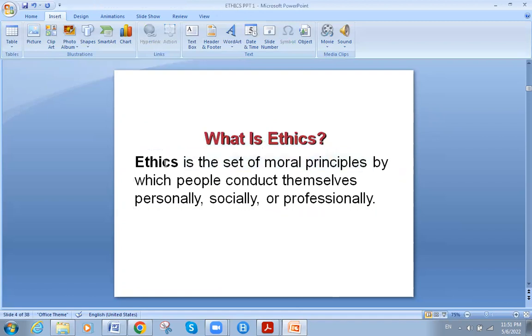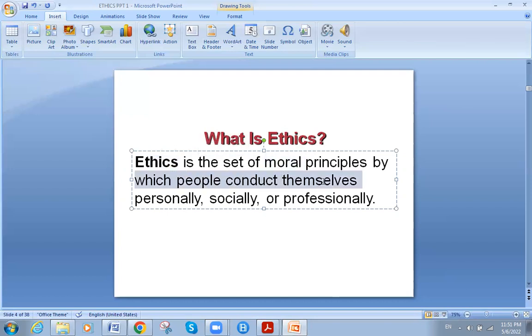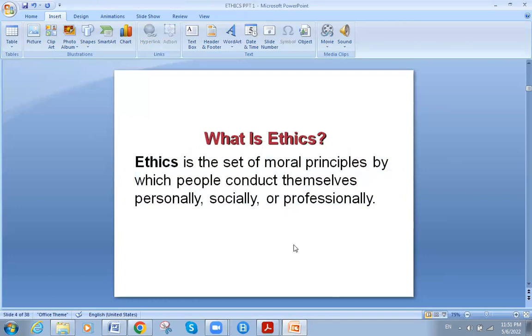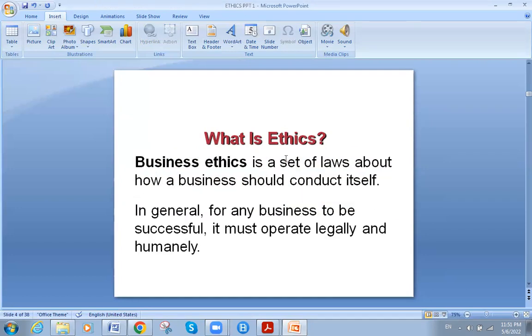This is the relationship between them: ethics is the broader term, because it includes the moral principles by which people conduct themselves personally, socially, or professionally.